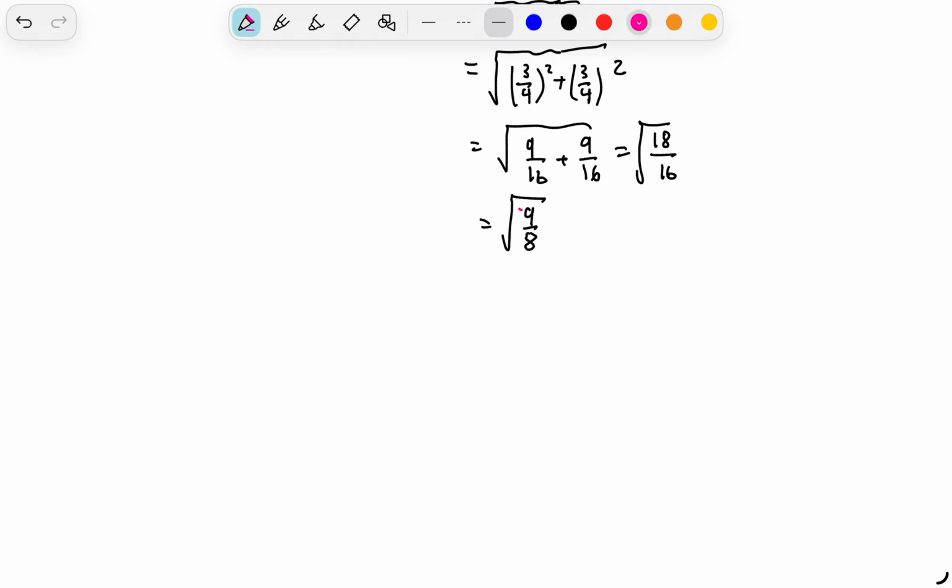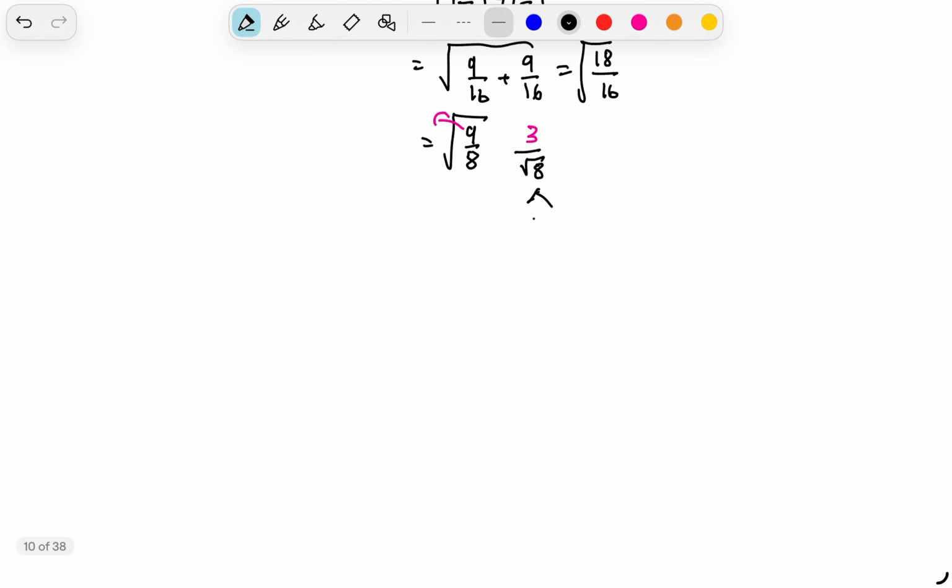You can take 9 out, so you have 3 over the root of 8. You can split 8 into 2 and 4, and 4 can be split into 2 and 2. So we can bring a 2 outside. So this would be 3 over 2 times the root of 2.